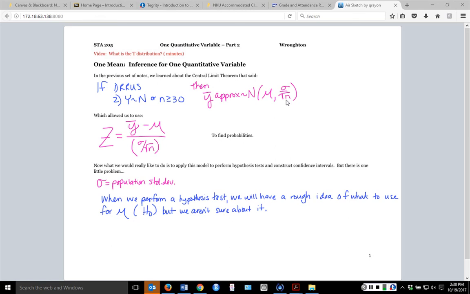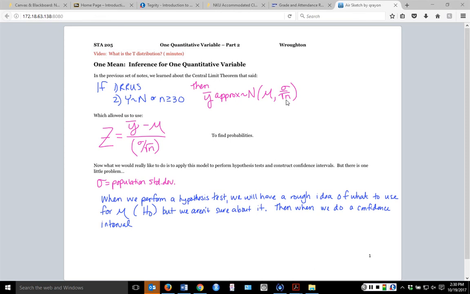Now when we do a confidence interval, so think about the idea of when we did a confidence interval before. So we did a confidence interval back for a categorical variable when we didn't know what p was. If you remember, p was our population proportion.